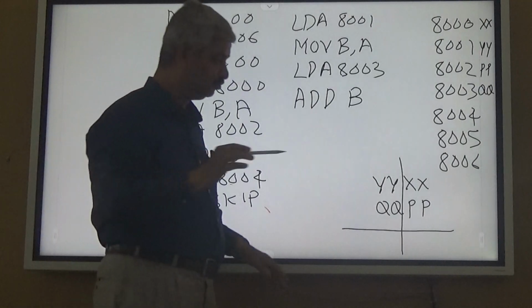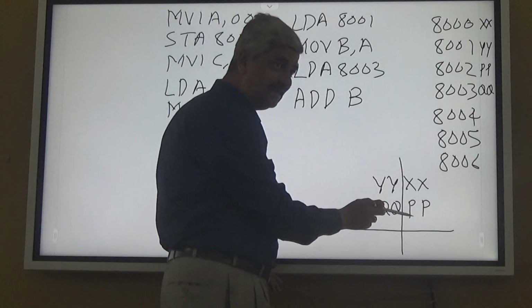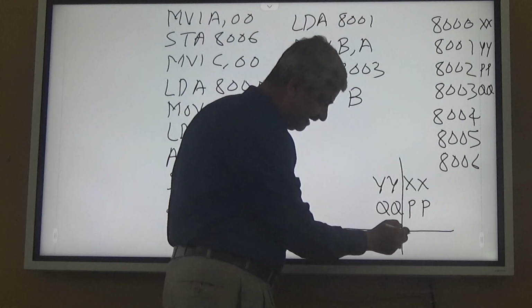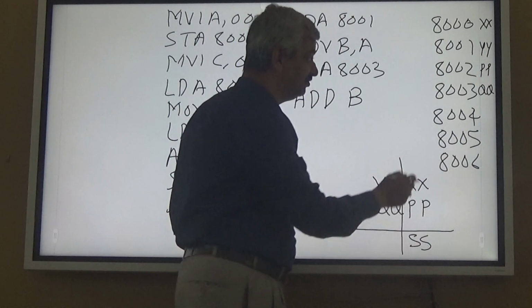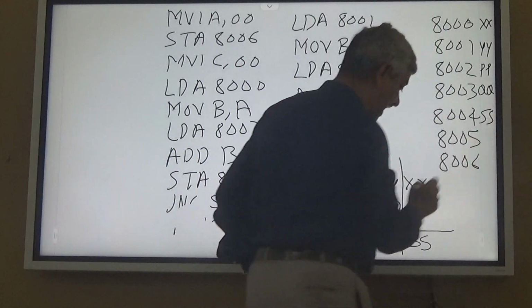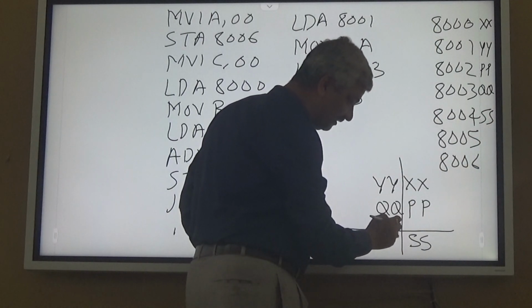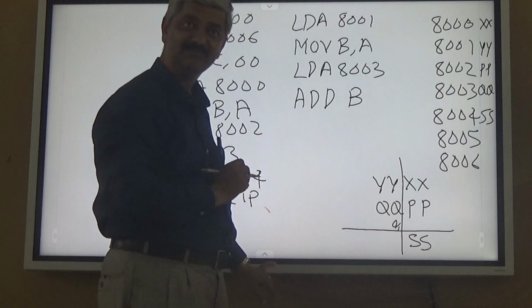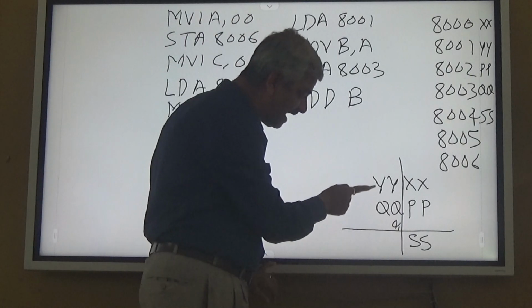Is it clear? So lower bytes get added. That answer is, say, SS. So this would be SS and there will be a carry, 0 or 1, right? That is to be added in YY, QQ.